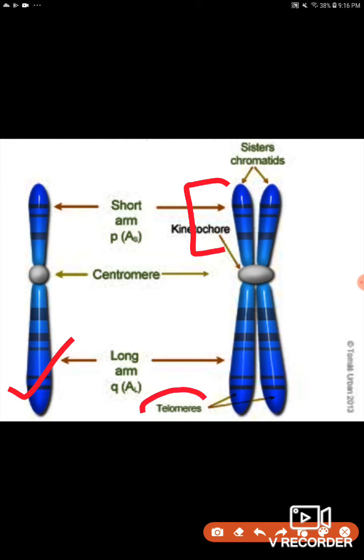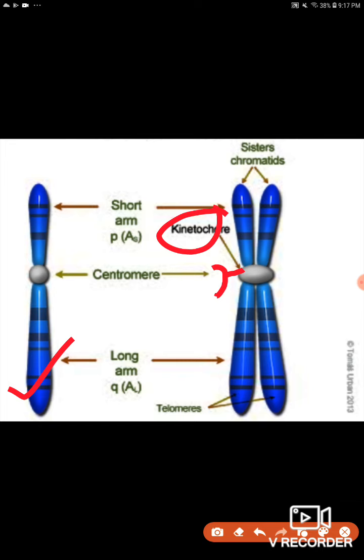Here you can find the telomeres. What are telomeres? The tips of the chromosomes are called telomeres. Telomeres protect the chromosomes from degradation and fusion with other chromosomes. Kinetochores: a disc-like structure present on the centromere is called the kinetochore.